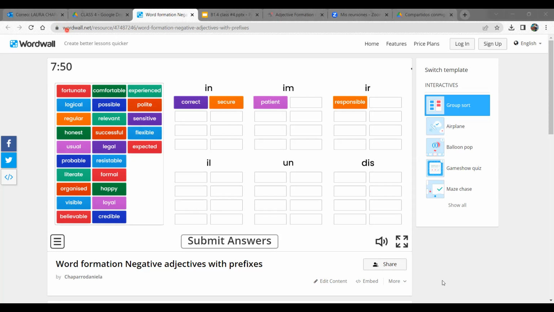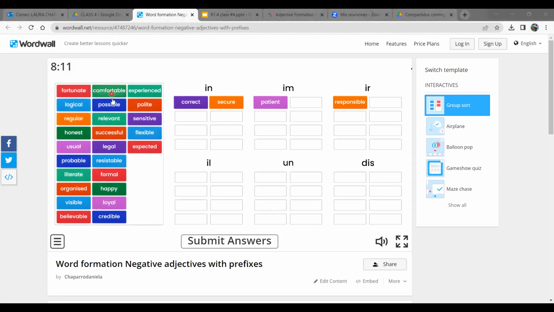Okay, let's check the first group, guys, with in. So we have incorrect, insecure. What else? Informal. Yes, informal. Insensitive.